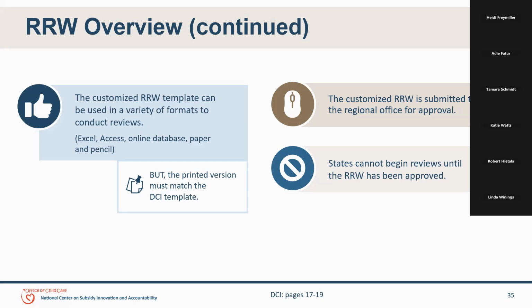So you will need to make sure that those changes are incorporated into your worksheet, as well as go through and make sure that it's reflecting all of the policies that are current. But you can certainly use it as a starting point and work off of that to make those changes.